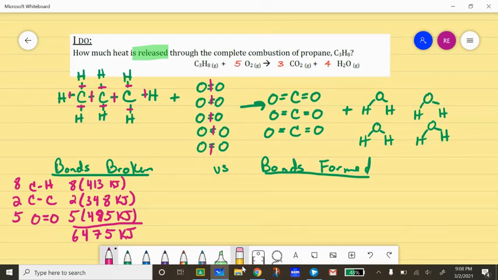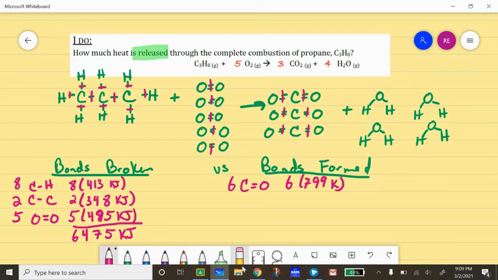Let's take a look at bonds formed. On the other side, let's go with carbon double bonded to oxygen first: 1, 2, 3, 4, 5, 6, we've got 6 of those. The bond enthalpy for that is 799 kilojoules.